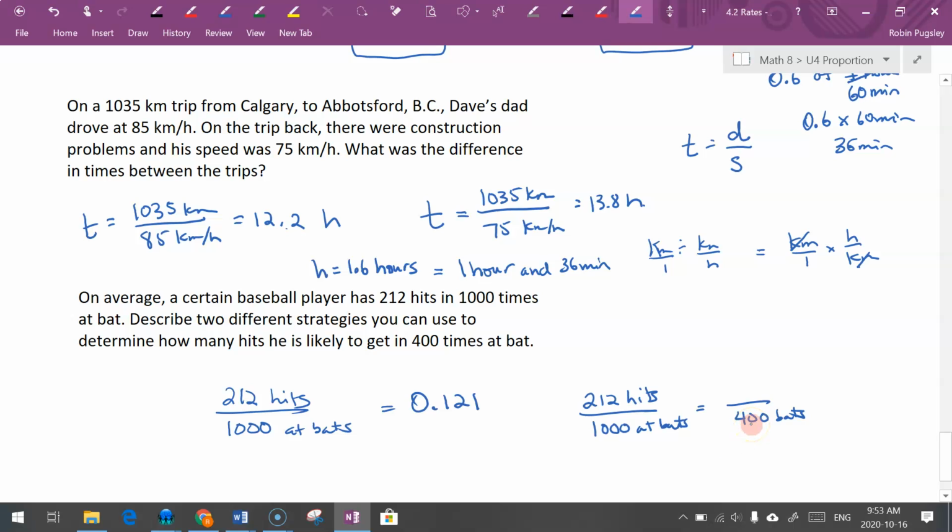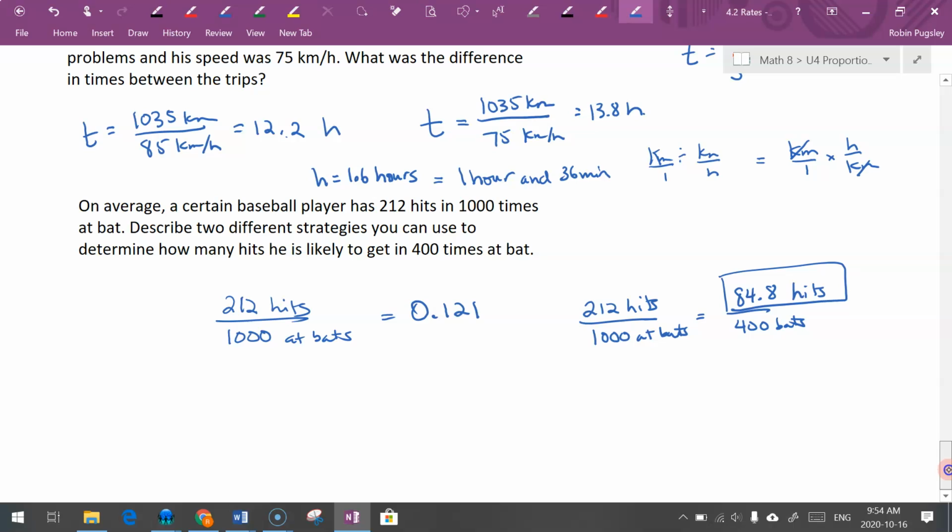So I'll do the same to the top. 212 divided by 1,000 and then multiply by 400. And I get 84.8, so you obviously can't get 0.8 of a hit, so I'd round off to say about 85 hits would be how many times they should hit based on that batting average if they get up to bat 400 times.